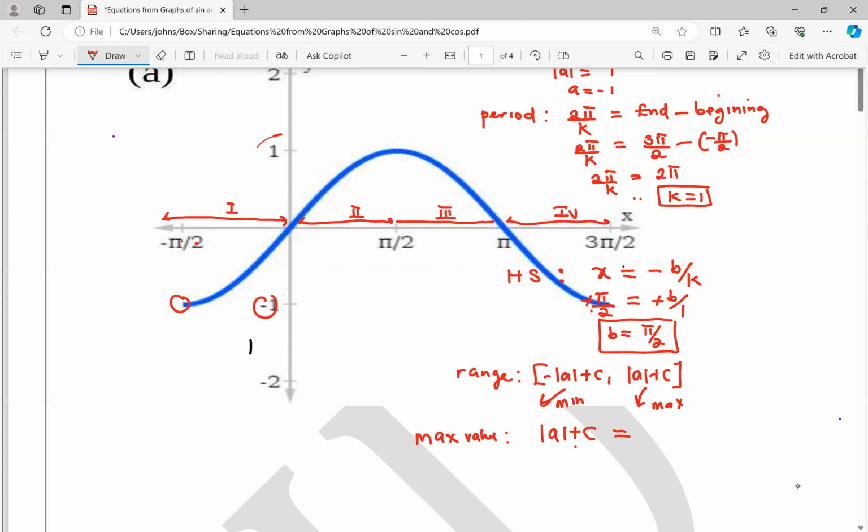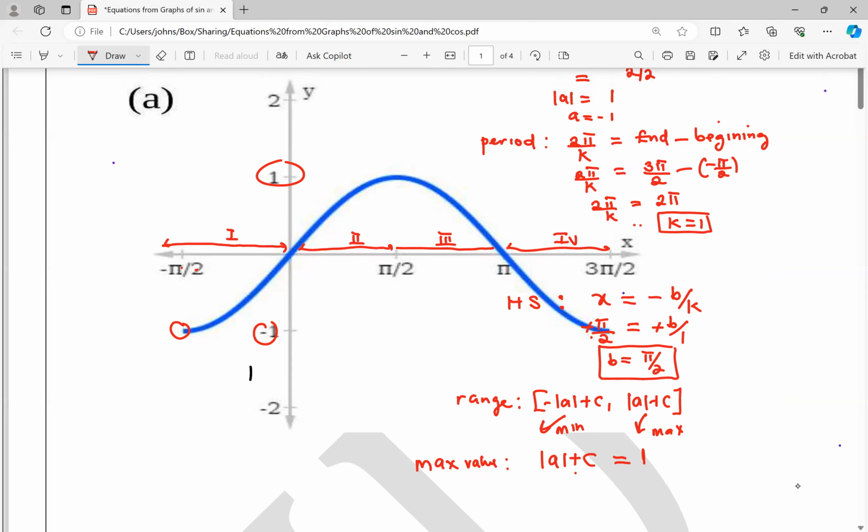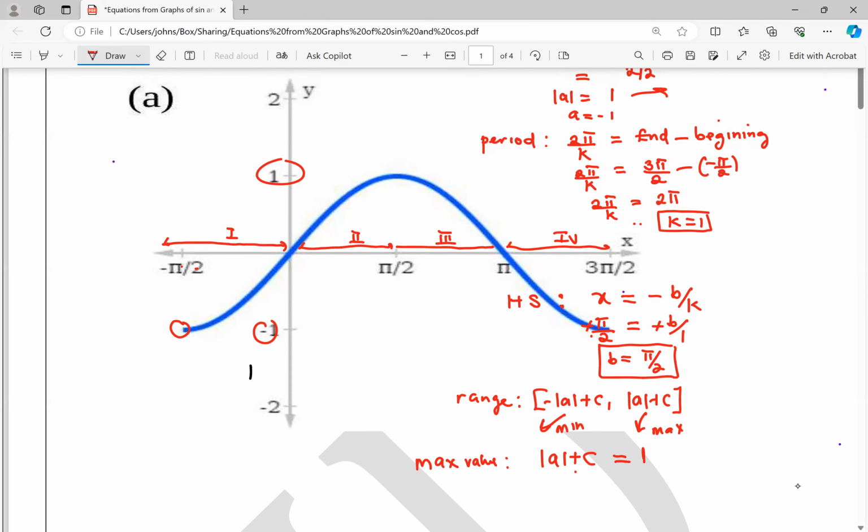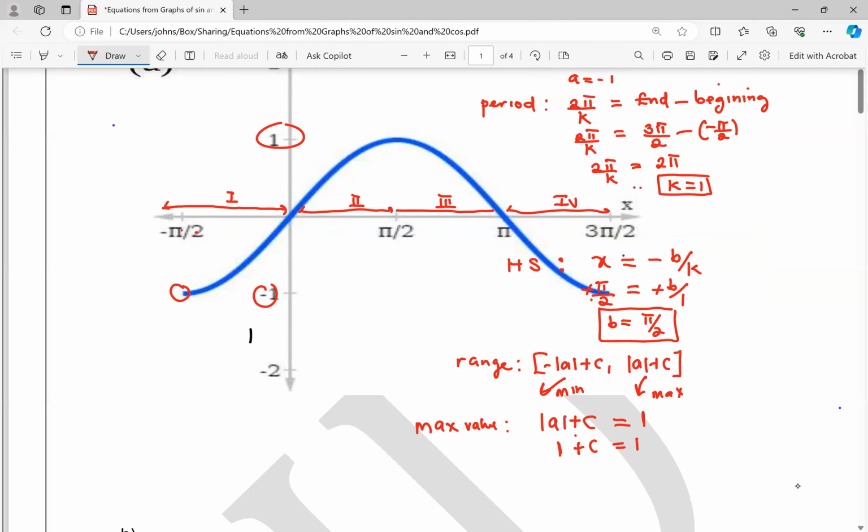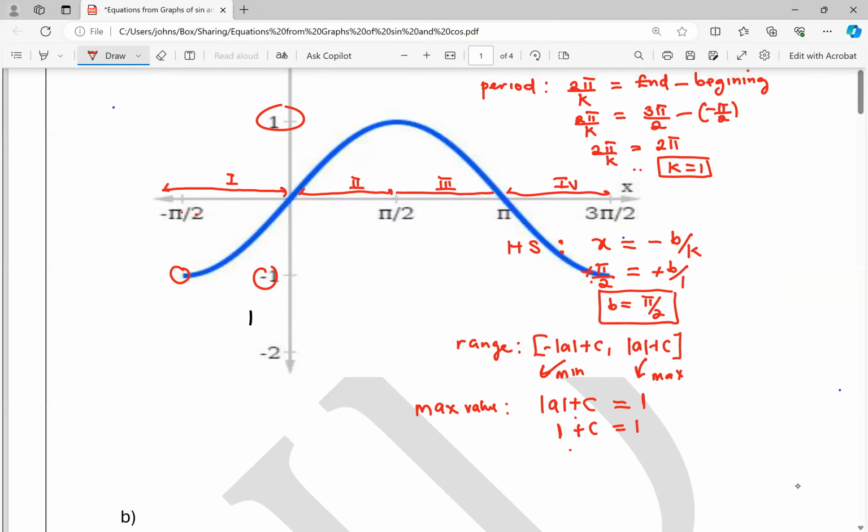The maximum value of y on the graph is 1. But remember, earlier on, we said that the absolute value of a is 1. We got it here. So it means that we have 1 plus c equals to 1, right? All right. So now, what that means is that we can see that c is just equal to 0.